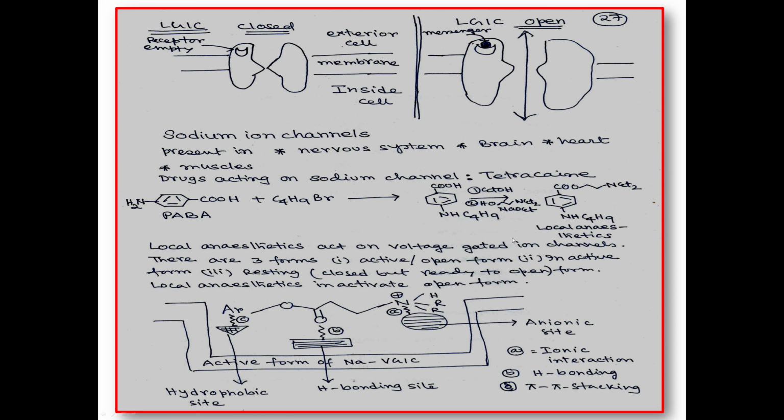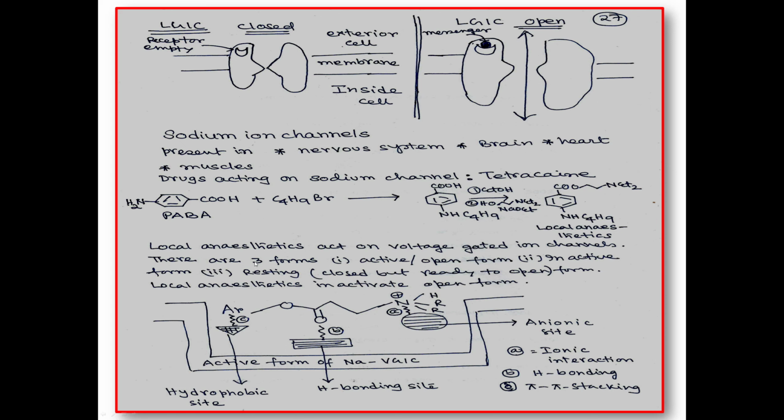Earlier we discussed ligand gated ion channels, but now tetracaine is targeting the voltage gated ion channel, which means the voltage disturbance along the cell membrane will operate the closing or the opening of the gate. Here we are considering the gate of the sodium ion channel.